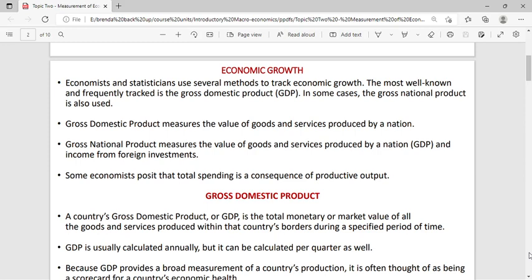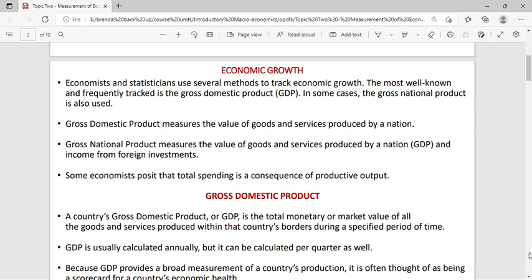So gross domestic product basically measures the value of all goods and services produced by a nation. If we talk about a nation, remember in a country or a nation, we might have foreigners and nationals.